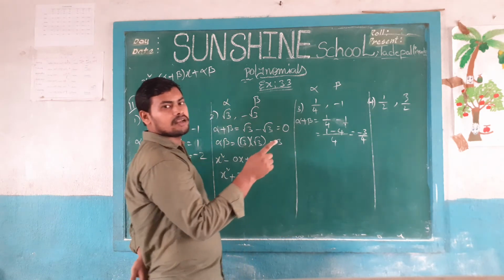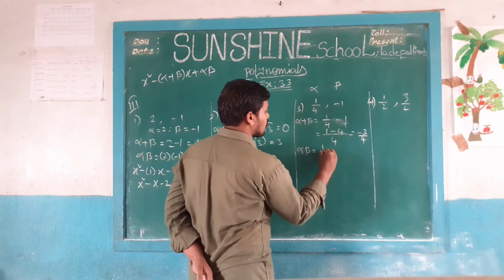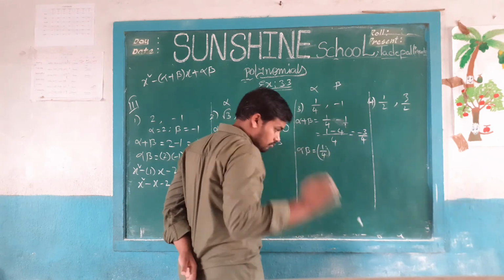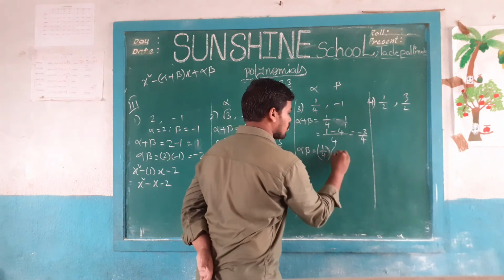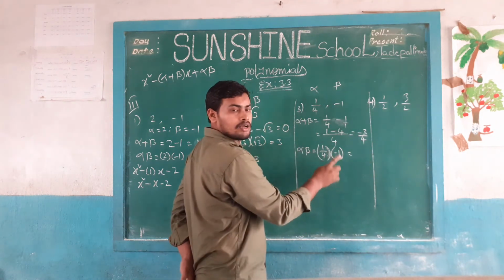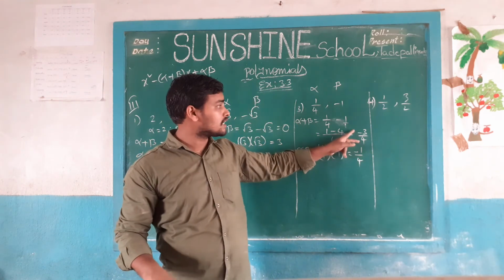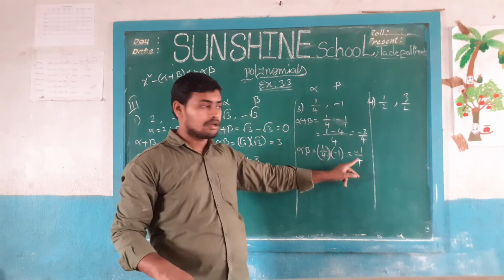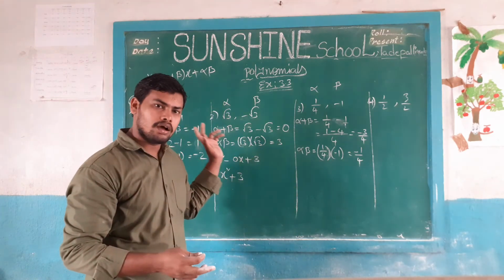Now you have to calculate alpha beta. So alpha beta is 1 by 4 into 1 into 1, 1, that is equal to 1 by 4. So alpha plus beta value is minus 3 by 4. Alpha beta value is 1 by 4. Substitute these two values in the known formula.